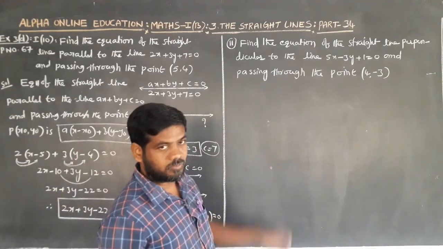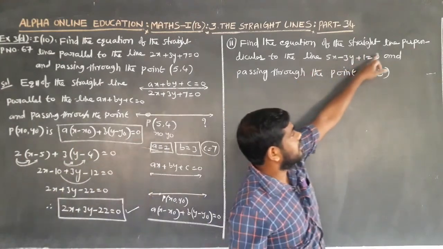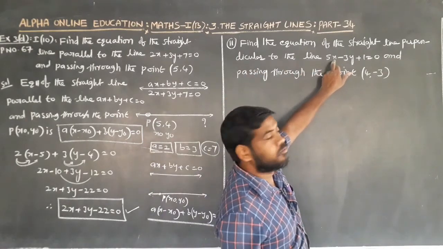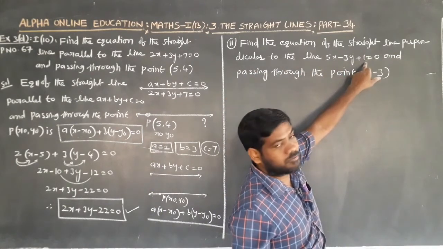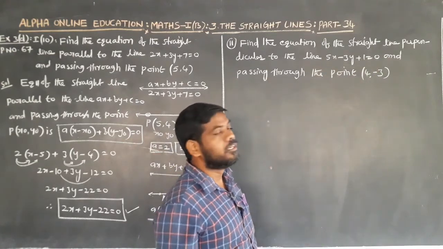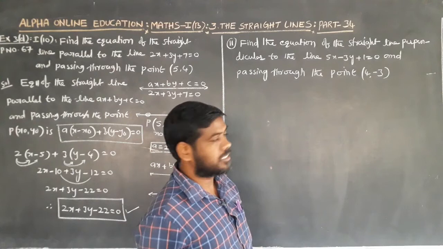Again, the 11th one: find the equation of the straight line perpendicular to the line 5x minus 3y plus 1 is equal to 0 and passing through the point 4 comma minus 3.